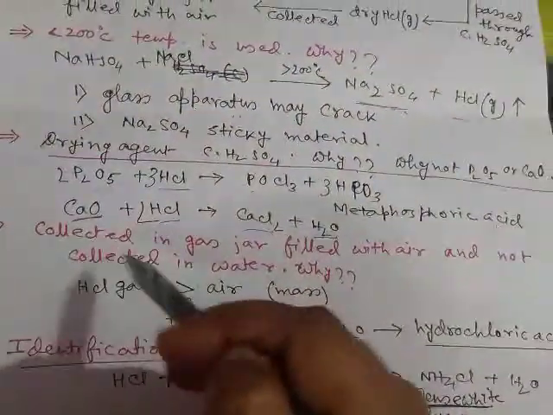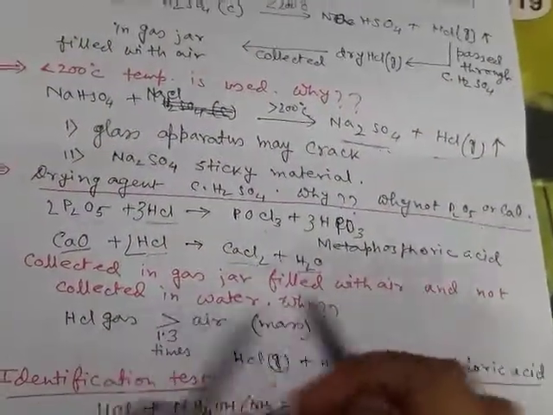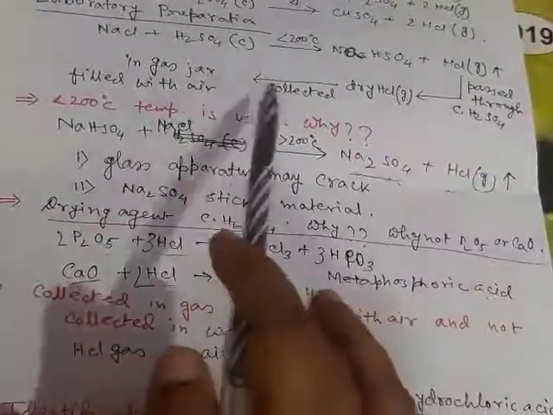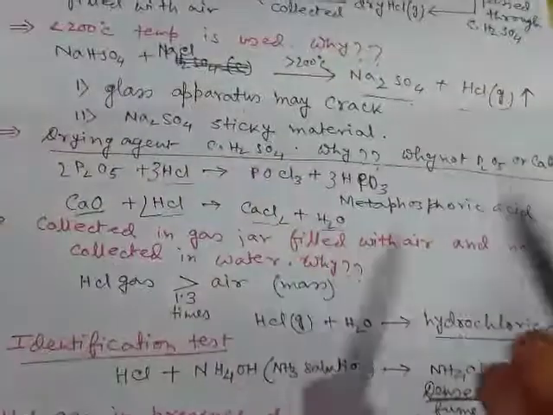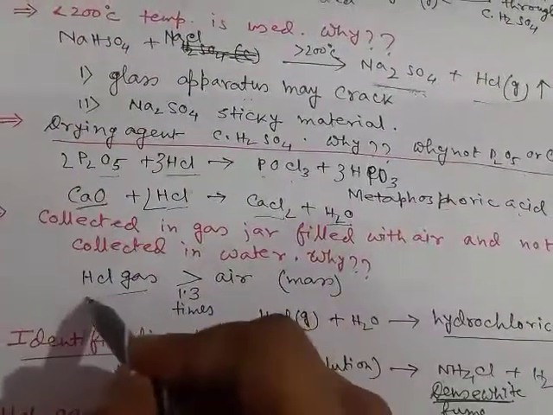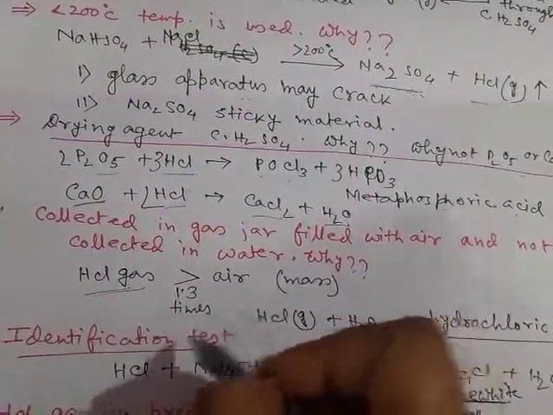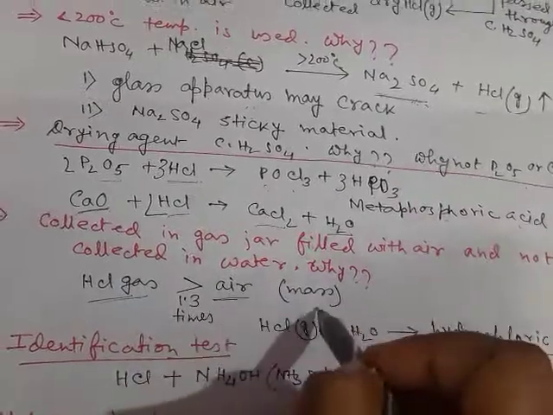Now the third question is why the dry HCl is collected in a gas jar filled with air. Because HCl gas is 1.3 times heavier than air by mass.